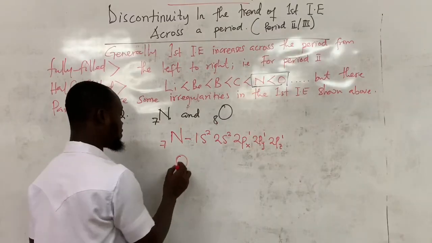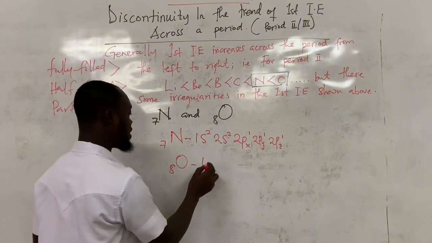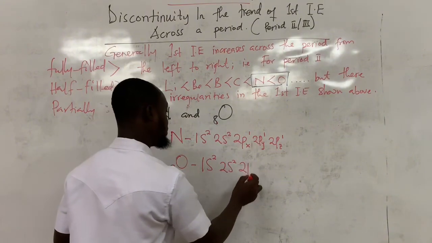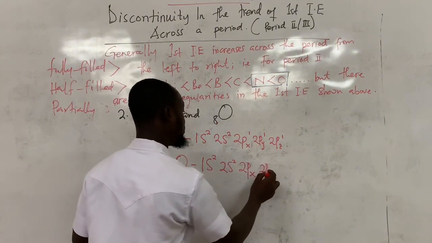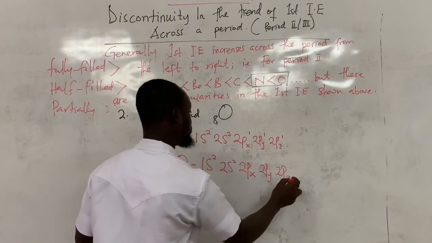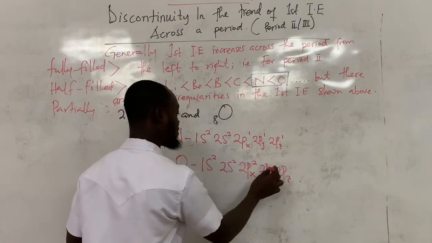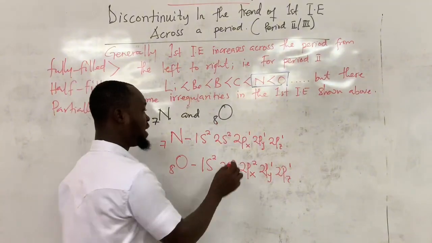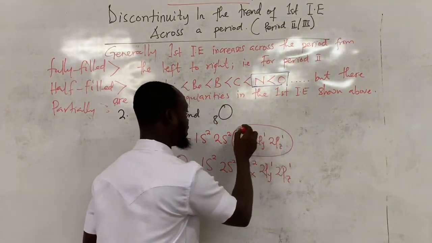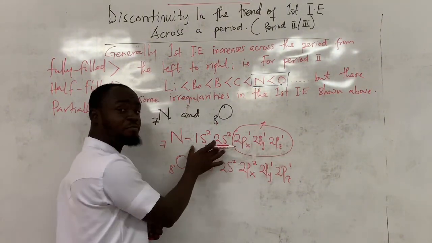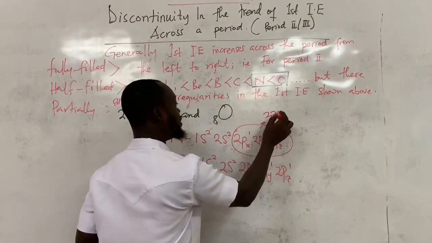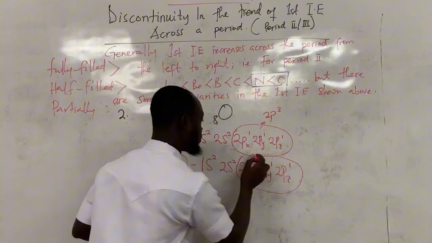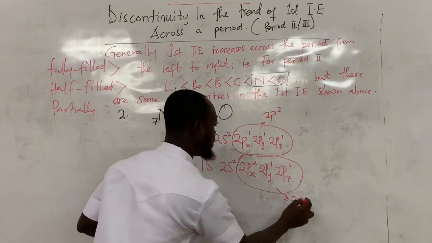Now when it comes to oxygen, atomic number 8, it has the configuration 1s2, 2s2, and 2px, 2py, 2pz: we have 2 for the x, 1 for the y, and 1 for the z. If you are using only the Aufbau principle, the nitrogen arrangement becomes 2p3, and the oxygen one becomes 2p4.